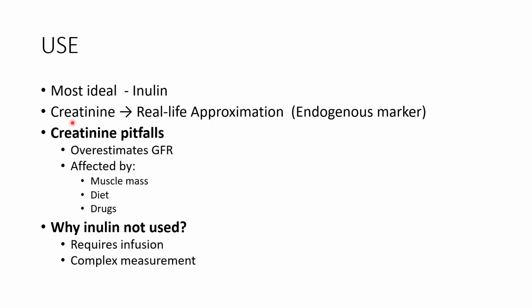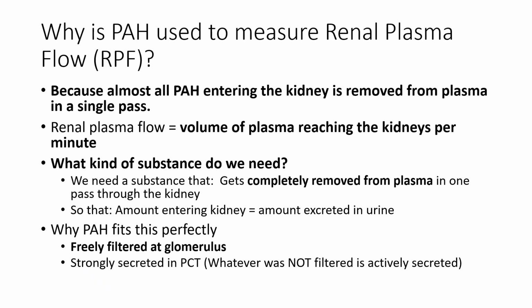Rather, creatinine is used. As I told, it has certain pitfalls. One is that it overestimates GFR as it is also being secreted, and it is affected by muscle mass, diet, and drugs. Again, why is inulin not used? It requires infusion, and the measurement becomes complex.